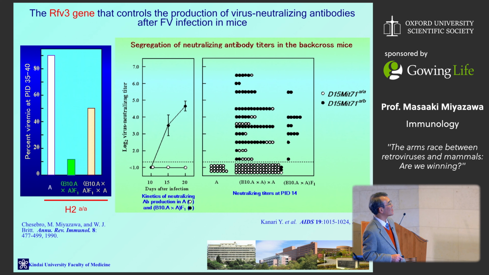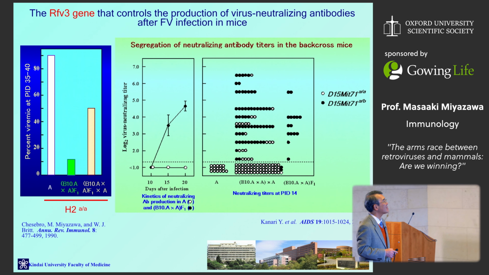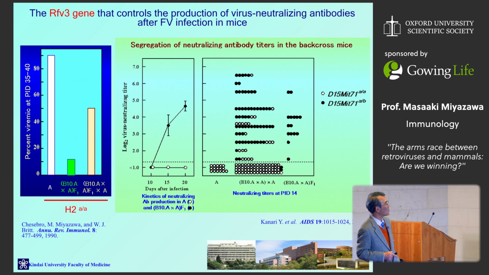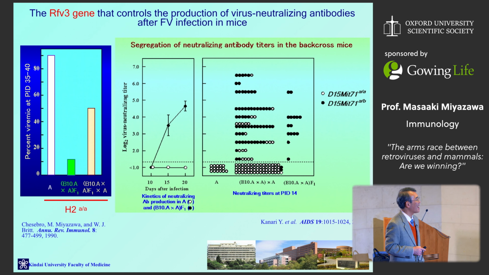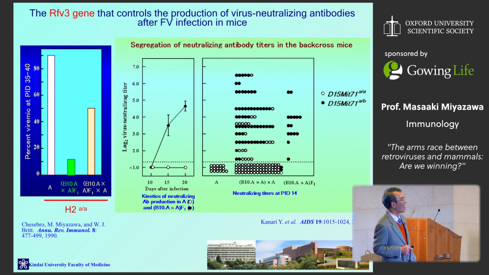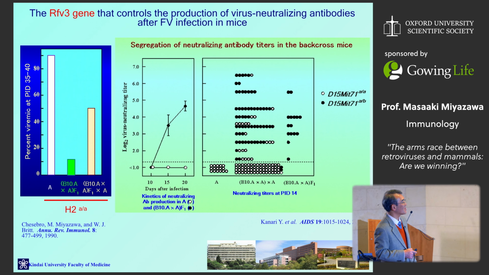They cannot produce neutralizing antibodies until 3 weeks after infection. So we crossed this antibody-producing strain with a non-producing strain. A is non-producing strain, and B10 or B6 is producing strain, and found that the F1 progeny can produce antibody rapidly, meaning that there's one autosomal gene that is controlling the production of the neutralizing antibodies.